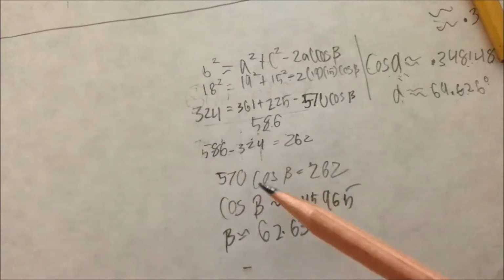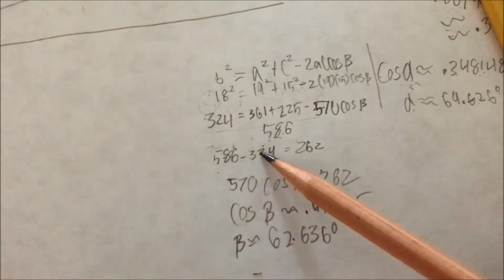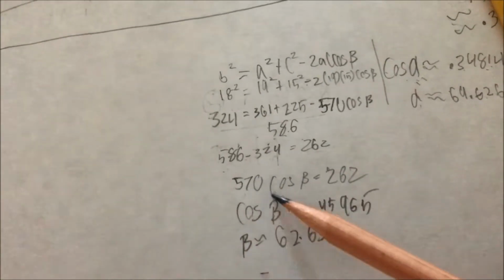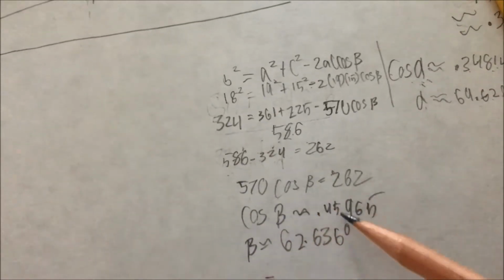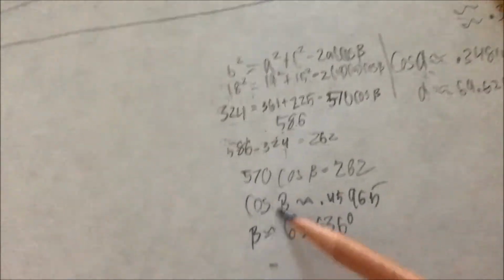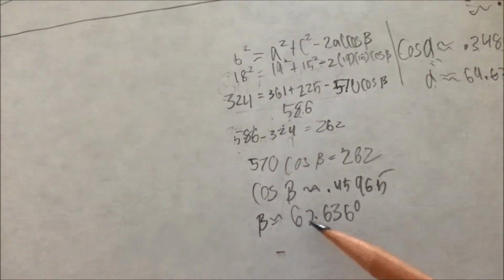586 minus 324 equals 262. 570 cosine B equals 262. Cosine B is roughly equal to 0.45965. Beta is roughly equal to 62.636.